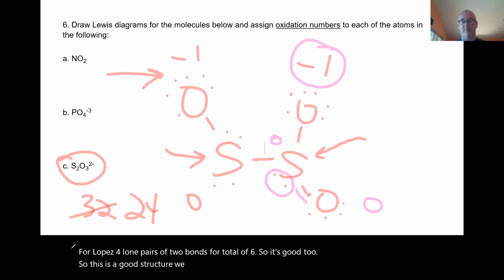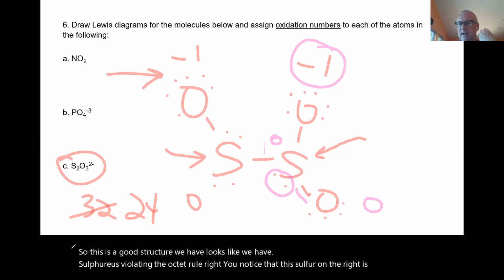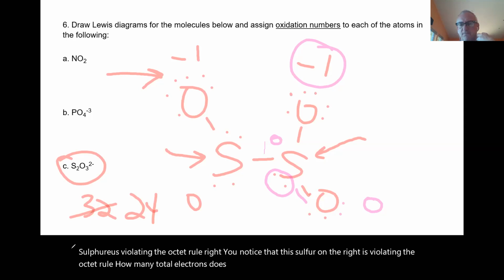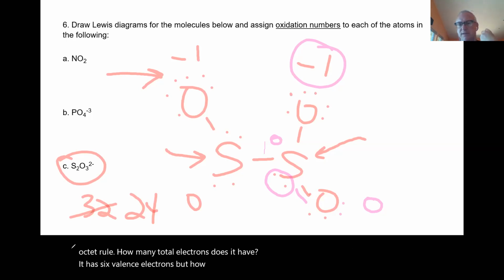Looks like we have sulfur violating the octet rule, right? You notice that the sulfur on the right is violating the octet rule. How many total electrons does it have? It has 6 valence electrons, but how many total electrons does it have in its outer shell? 12? Right.